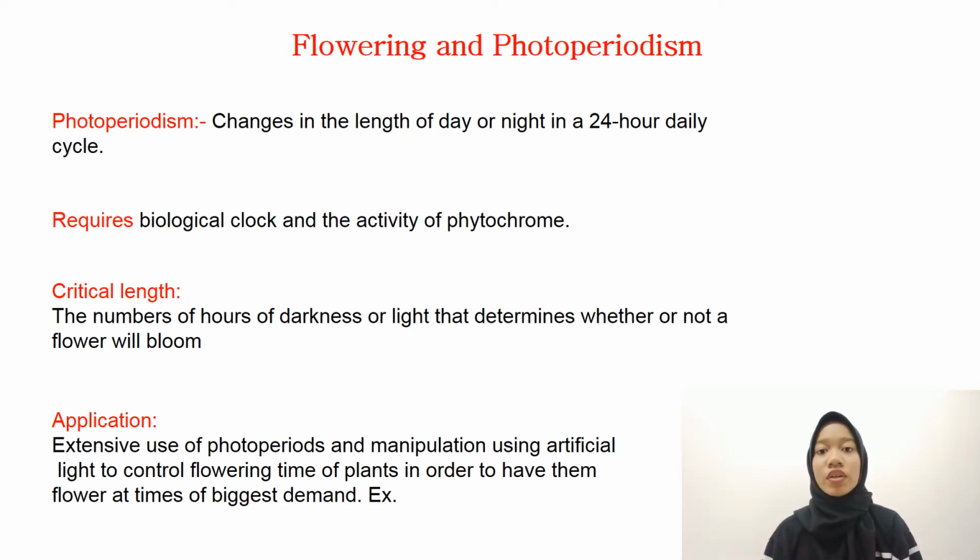Some plants require just one day fitting in with the critical day length requirement in order to bloom. Others need the critical day length to be met for weeks before they will bloom. In addition, the critical length can be influenced by temperature and location.